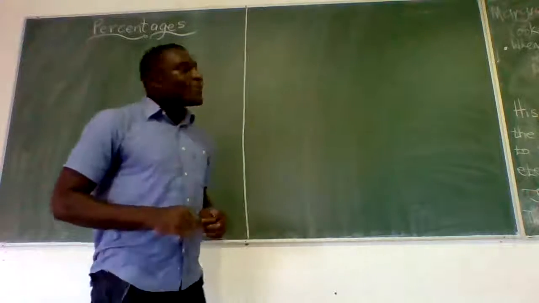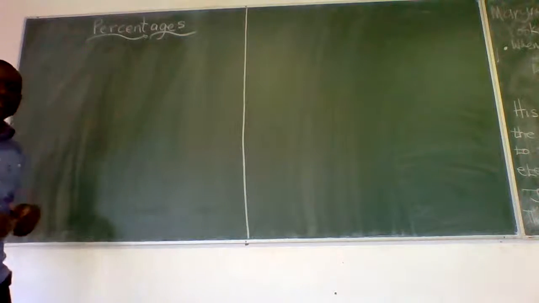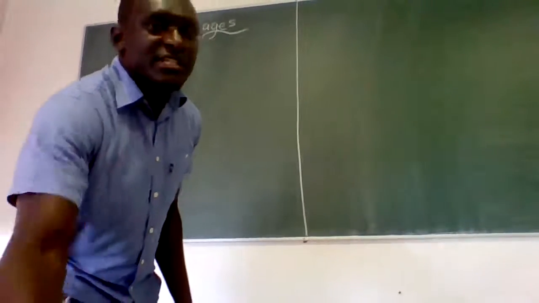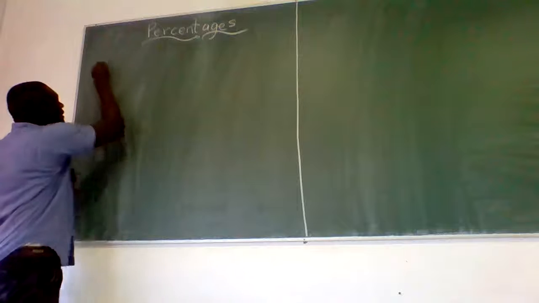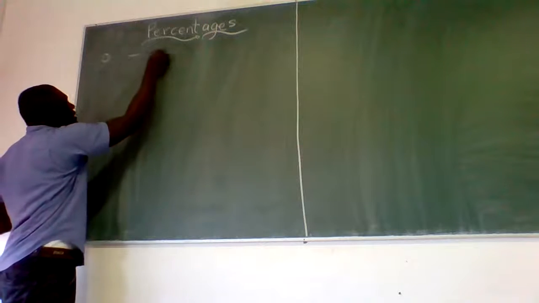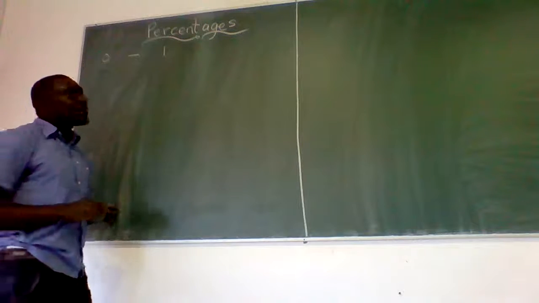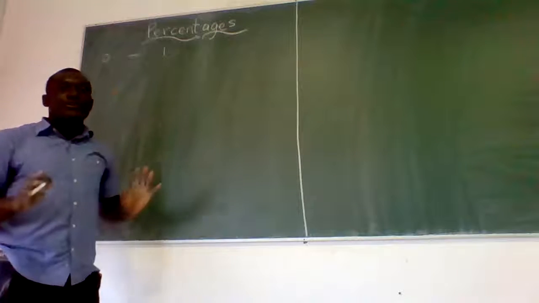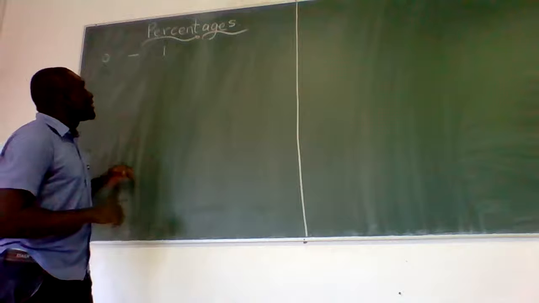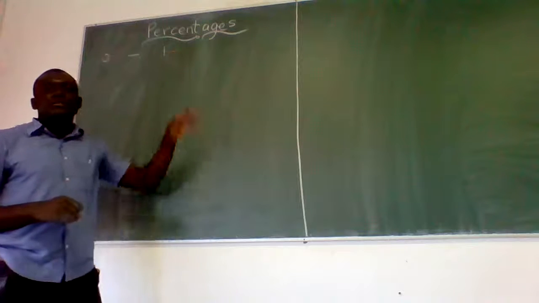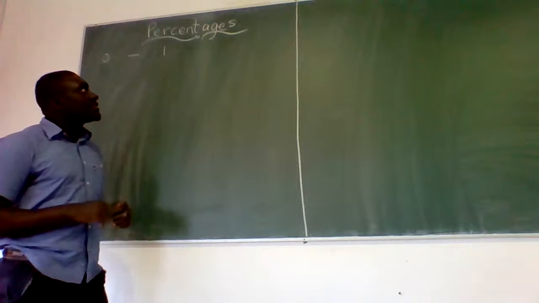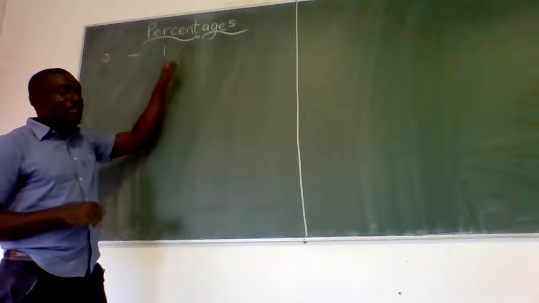You quite remember last week I mentioned that when it comes to probability, the range is between 0 and 1. A probability of 0 means that thing is never going to happen. It's impossible. And a probability of 1 means that thing is certainly true, so definitely it's going to happen.